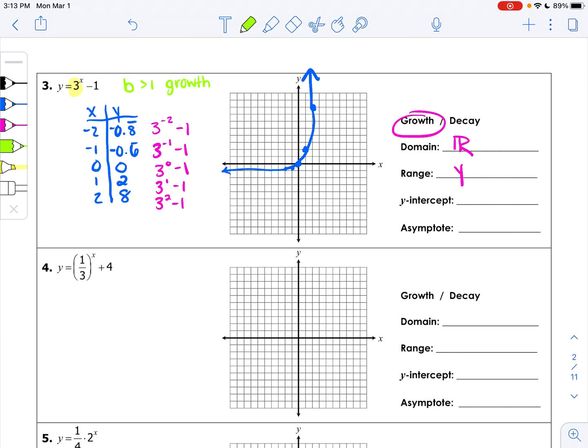So it's approaching -1. So it's going to be y is greater than -1. So you want to look at that line, that value that it's approaching. And then our y-intercept, again, we can look at our table or our graph. Our y-intercept is 0, 0. And then your asymptote, that line that it's approaching, is y equals -1.